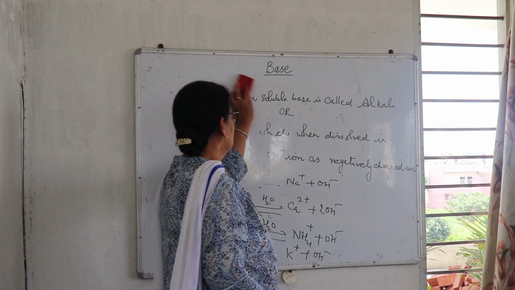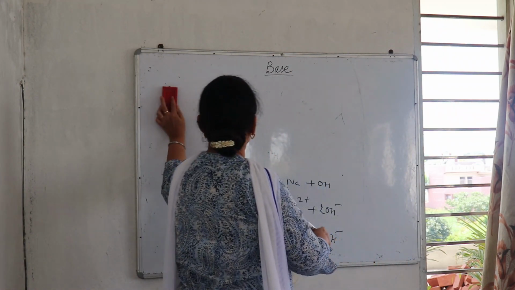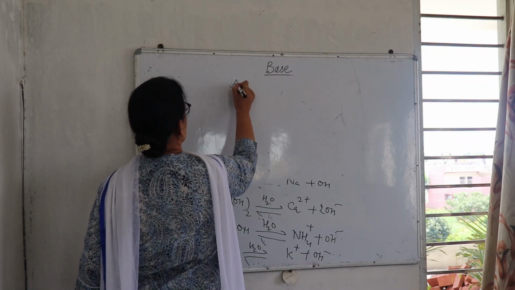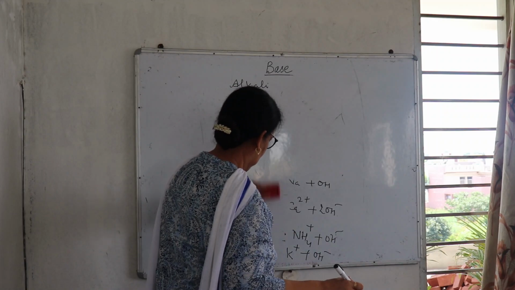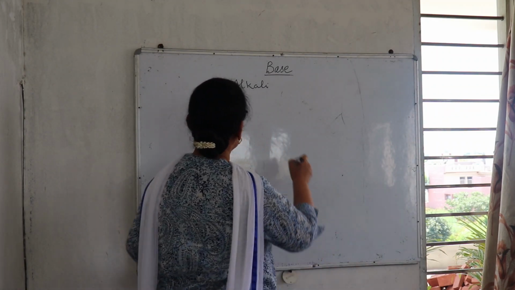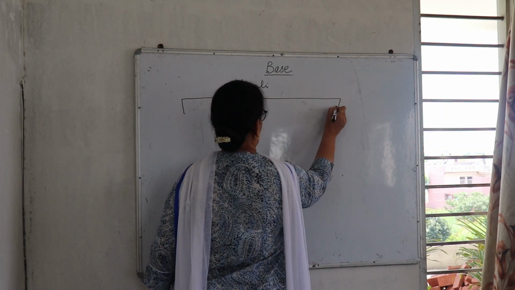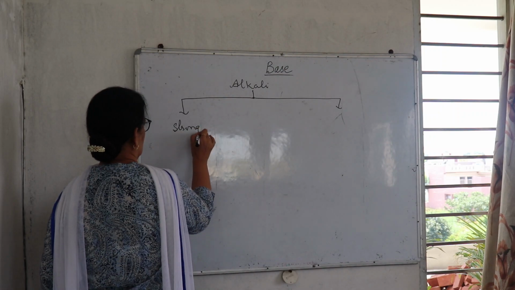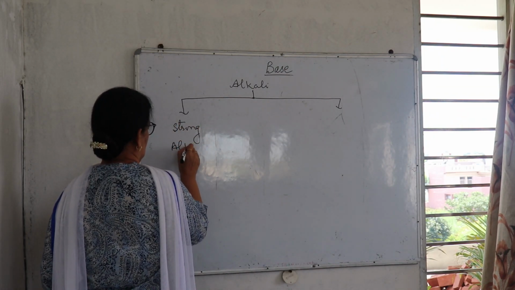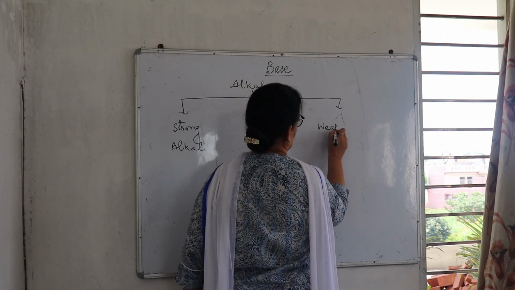Next, now alkali is of two types, that is strong alkali and weak alkali.